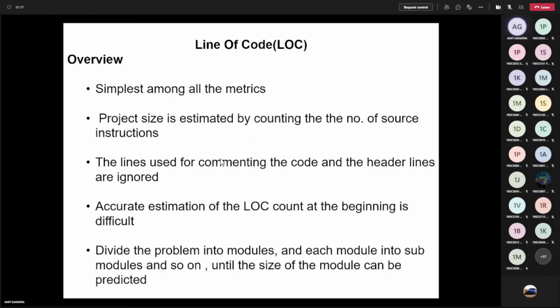So today we'll be starting with the first, the LOC metric, that is line of code, followed by COCOMO, that is the Constructive Cost Model, which is used to estimate the cost of the software. And then we'll see the function point metric, and last we'll see the feature point metric, right? You can see so many questions from these topics.